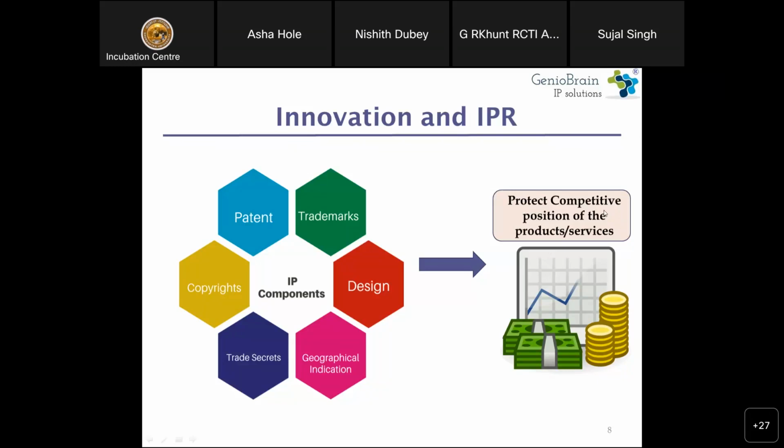Why am I discussing this? Particularly talking about academic institutions, I have been working with a number of academic institutions for the last 10 years, and I really think the students, scientists, and professors have many very innovative ideas. But at which stage they have to be protected, and what type of IP has to be protected, is what they should know.